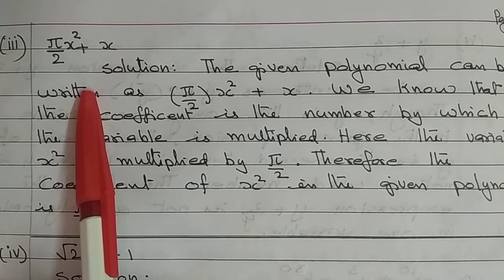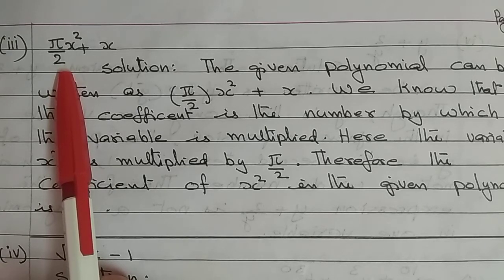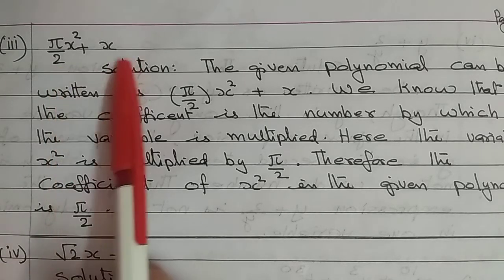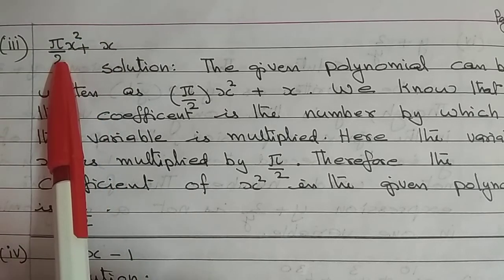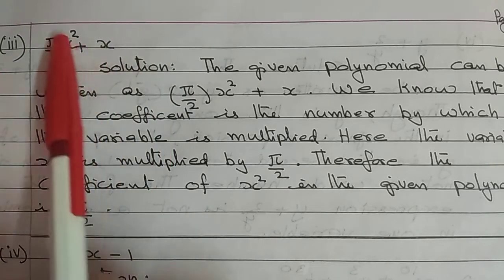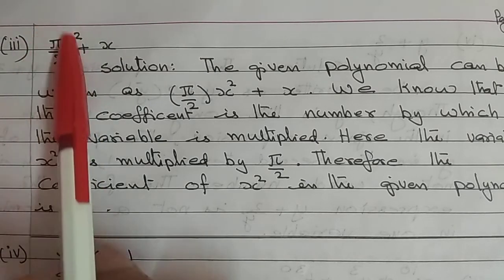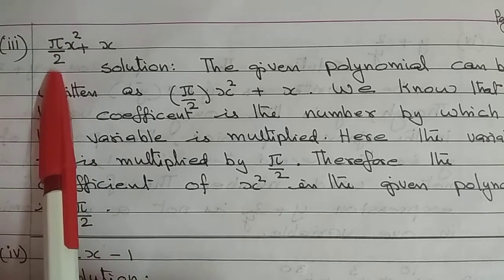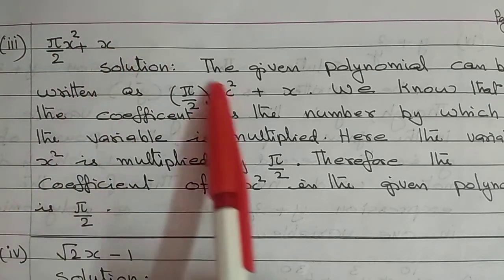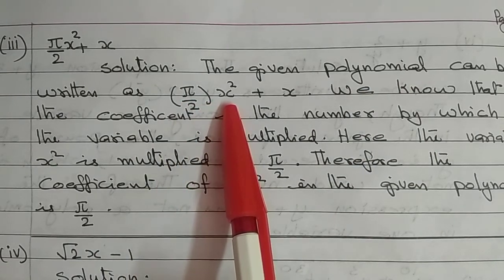Part 3 of the same question. Pi by 2 x square plus x. Find the coefficient of x square in this particular polynomial. That is pi by 2, pi by 2 into x square. The given polynomial can be written as pi by 2 into x square plus x.